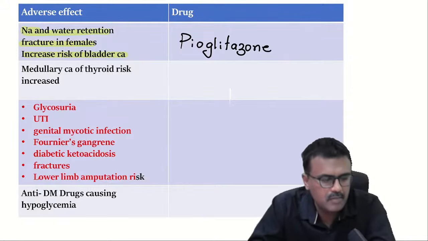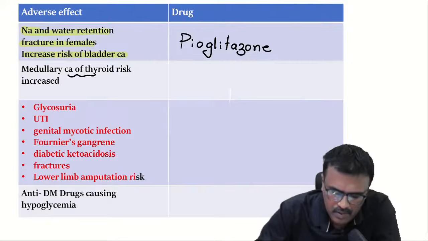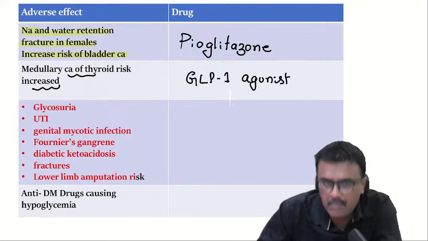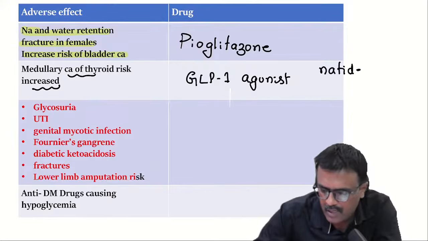Medullary carcinoma of thyroid risk is increased, that is seen with GLP-1 agonists. GLP-1 agonists end with either natide, for example exenatide, or they end with glutide.